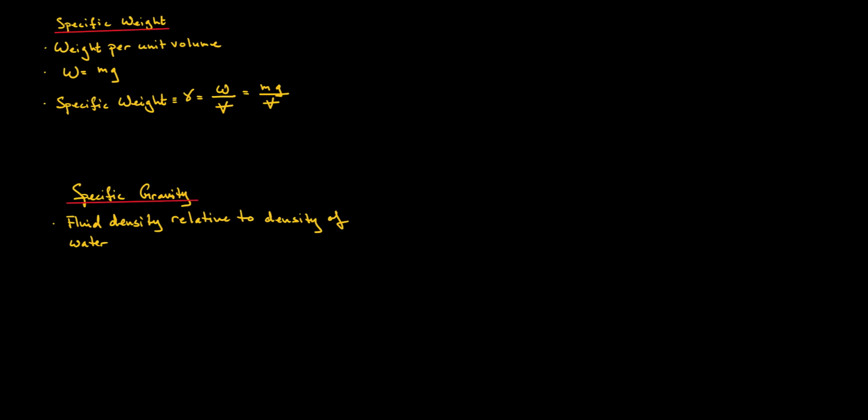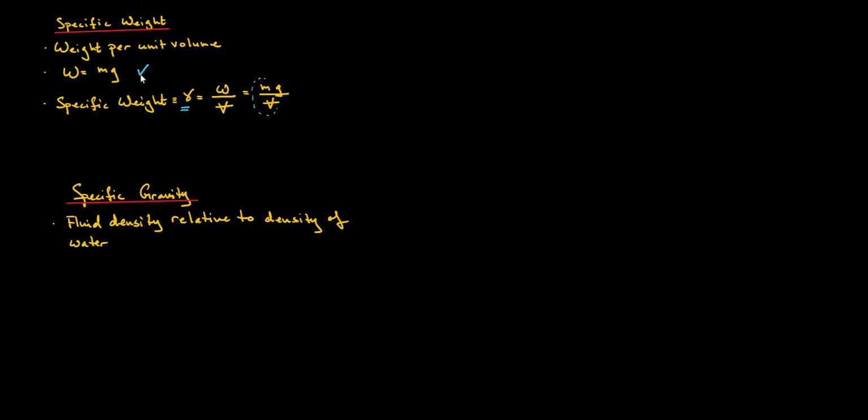We know that the weight, which has units of force, is equal to the mass times the gravitational acceleration. So given that the specific weight is the weight per unit volume, the specific weight given by the variable gamma is equal to the weight divided by the volume, or mg divided by v.